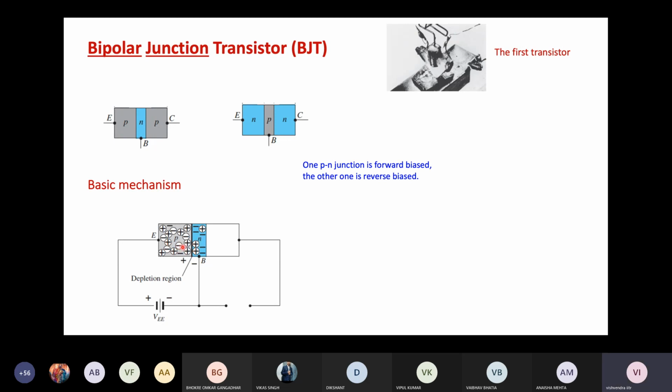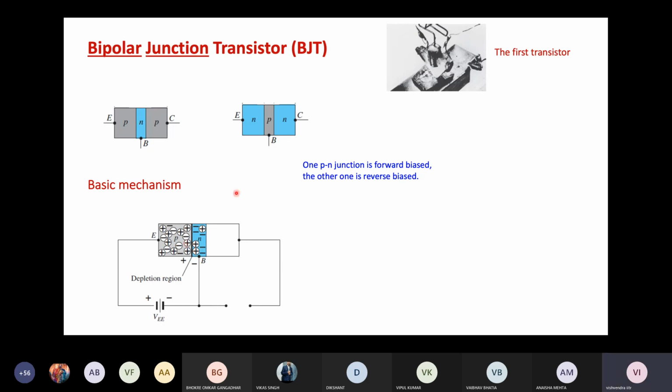This is the diffusion component of the current, and there will be a small drift component as well. In the drift component, the minority carriers are drifted across the junction. The minority carriers in the P-type material are electrons and in N-type are holes.